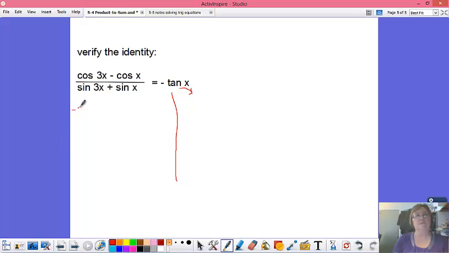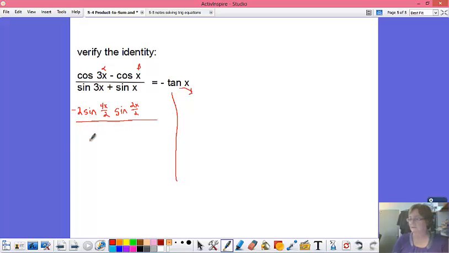That would be -2 times the sine of alpha plus beta over 2. So if alpha is here, beta is here, we're talking 4x over 2 times the sine of the difference of alpha and beta, so that's 2x over 2, and that's the top of my fraction.